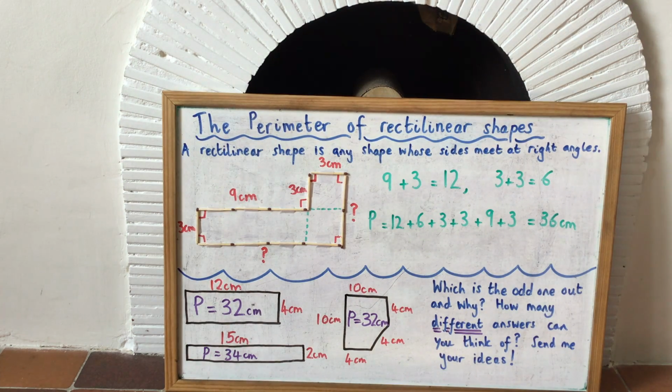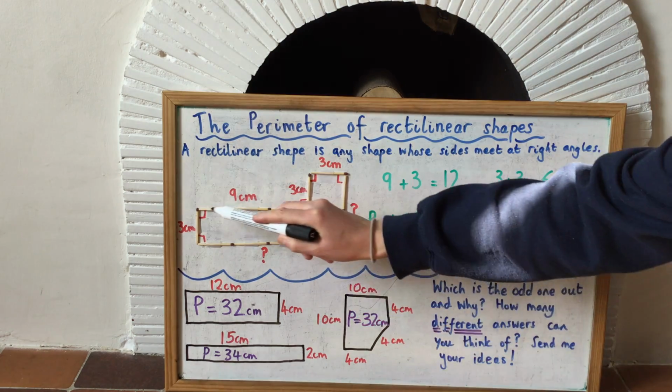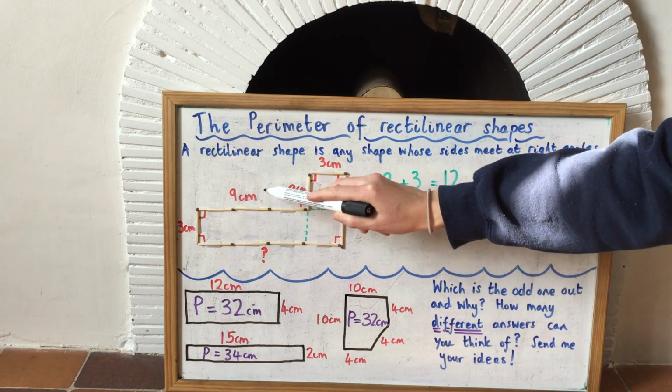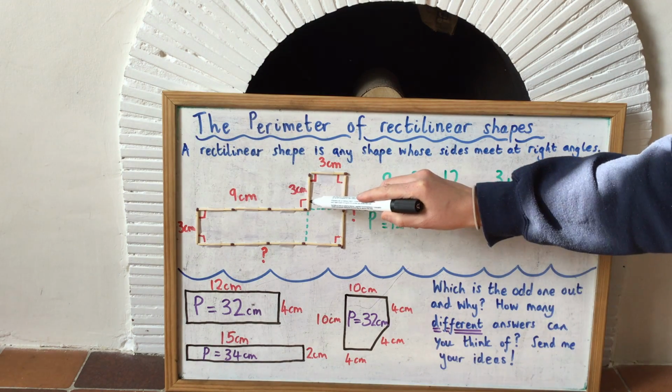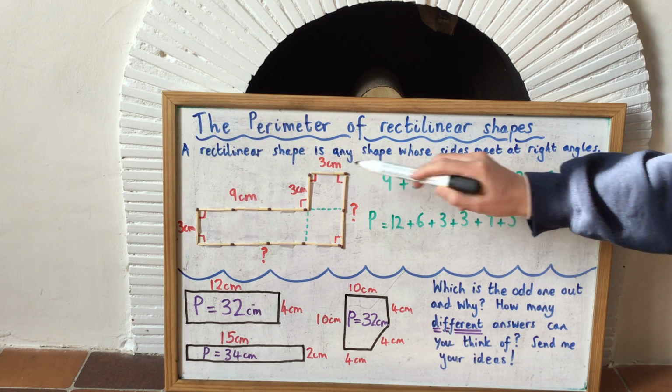So those are the type of shapes we're going to look at today, and we're going to learn to find their perimeter when we haven't necessarily been given all of the lengths of the sides. So if we look at my matchstick shape to start with, we've been given the lengths of some of the sides. So we can see this length is 3 centimetres, this length is 9 centimetres, this length is 3 centimetres, this length is 3 centimetres.